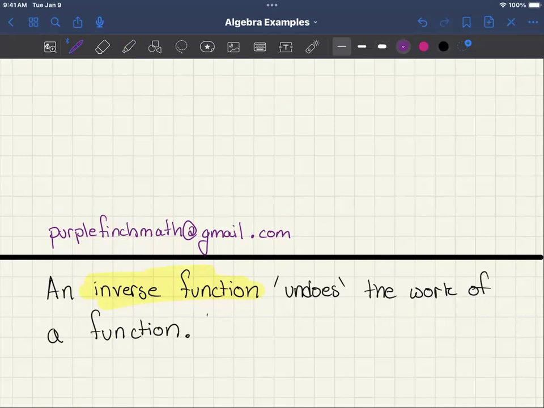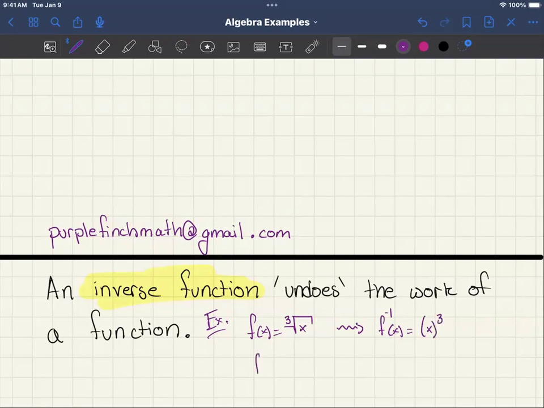So for example, if we are looking at f of x is equal to the cubed root of x, then our inverse function, which we write as a -1 as a superscript behind our f, if we want to undo that, would be taking our x value and cubing it.